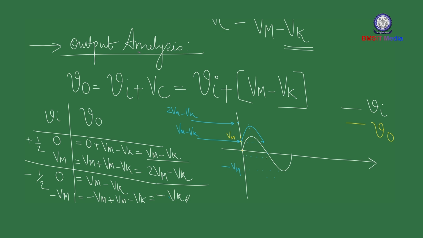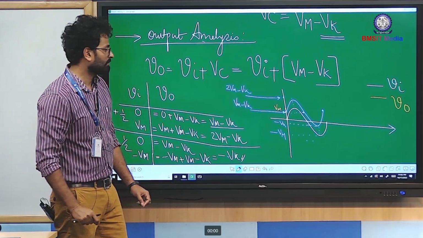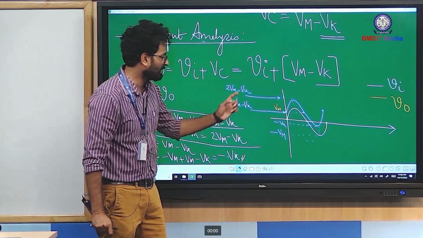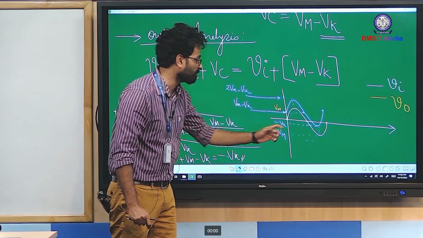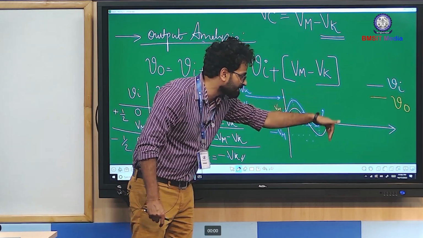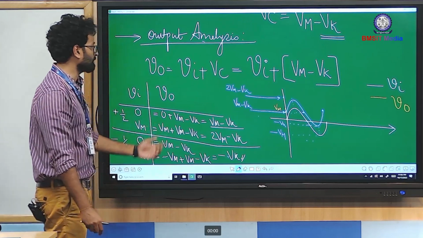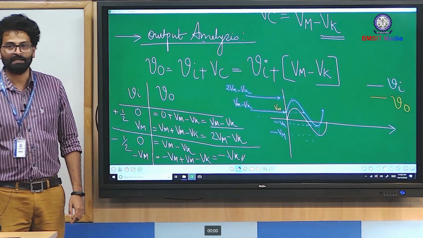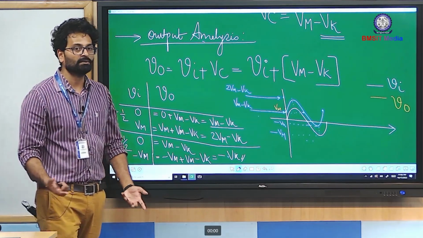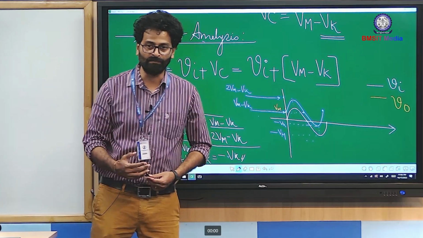Minus Vk level going to be somewhere here. So a small portion of the negative half cycle of the output leaks into the downward region. So this is your positive clamper analysis.